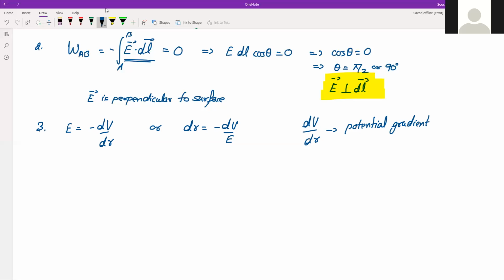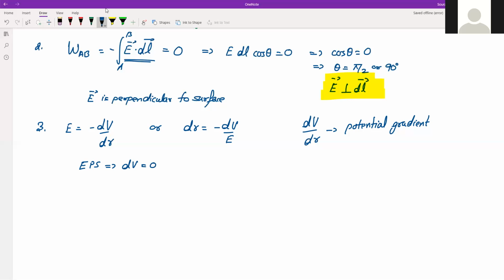Now, if it is on equipotential surfaces, what will happen to dV? dV will be 0 because for equipotential all potentials have to be the same, so the change in potential is 0. So dV is 0 or constant.